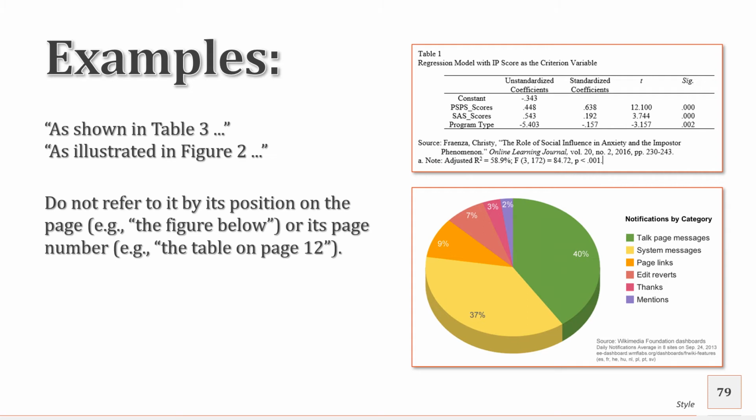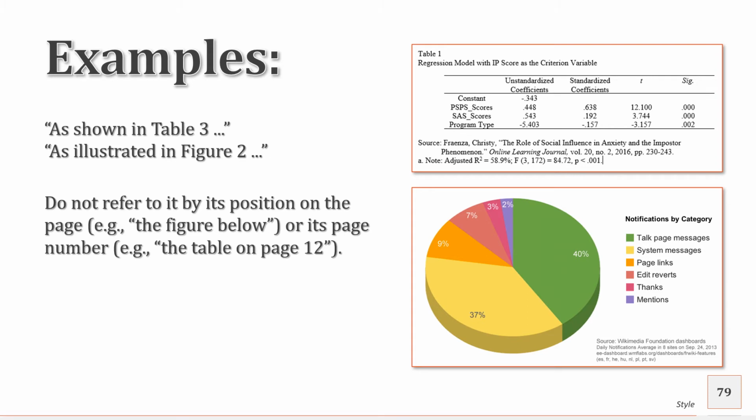This is our clear descriptive title. And just underneath we have the source. So for example, in our writing we would say, as shown in Table 3 or as illustrated in Figure 2.